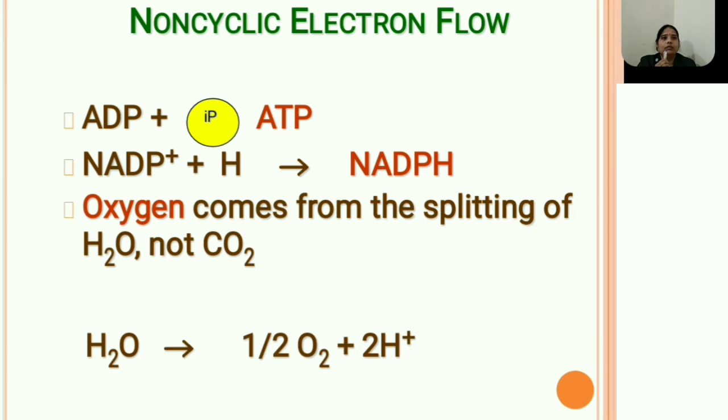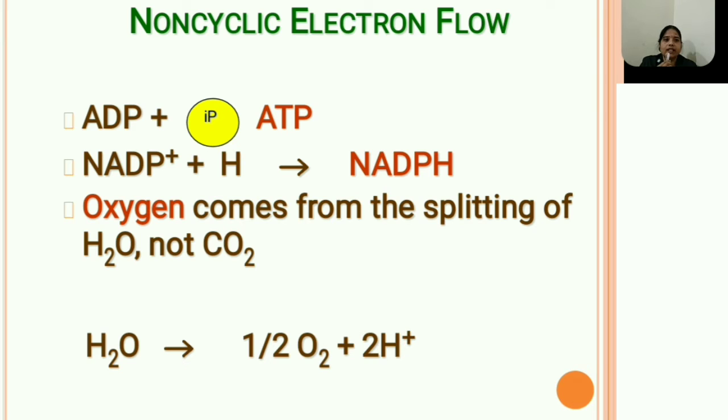Non-cyclic electron flow: ADP plus inorganic phosphate is converted into adenosine triphosphate, and NADP plus H gives NADPH. Oxygen comes from the splitting of water, not from carbon dioxide. Non-cyclic electron flow is also known as the Z scheme and occurs under aerobic conditions, like high carbon dioxide concentration.